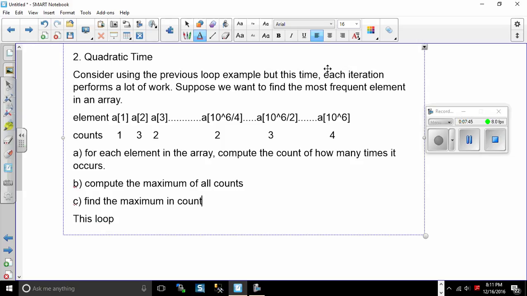Excuse me, that should be the maximum in counts. This loop has n iterations, with each step taking big O of n time.